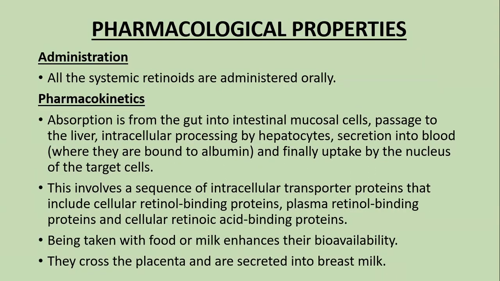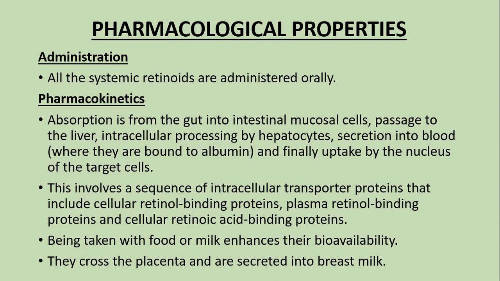The pharmacological properties. All systemic retinoids are administered orally. No intravenous or intramuscular dose. Absorption is from the gut into intestinal mucosal cells, passage to the liver, intracellular processing by hepatocytes, secretion into the blood where it is bound to albumin, and finally uptake by the nucleus of the targeted cells.